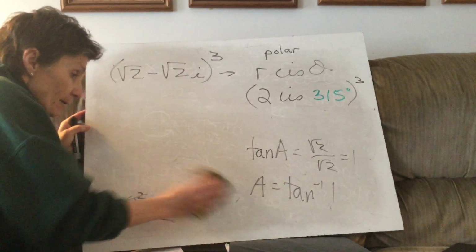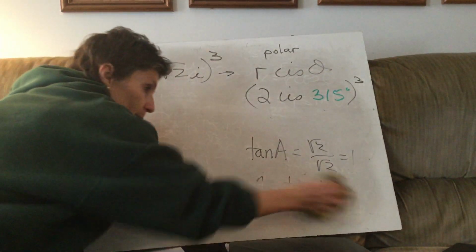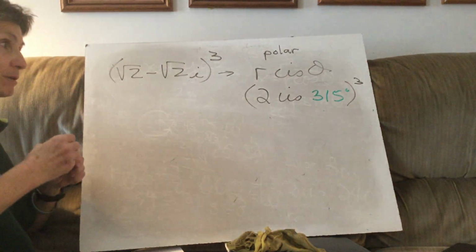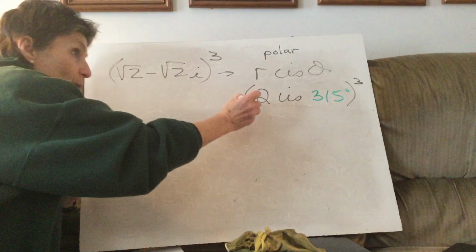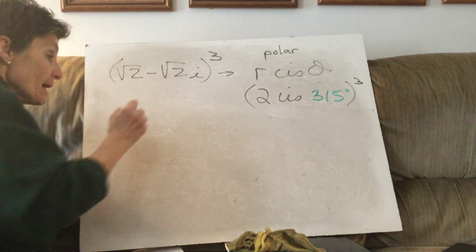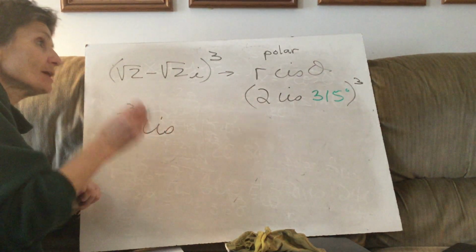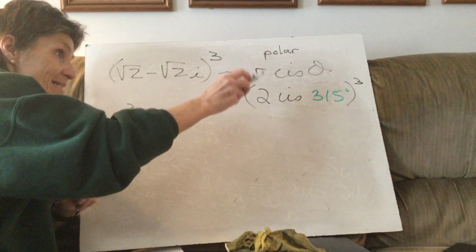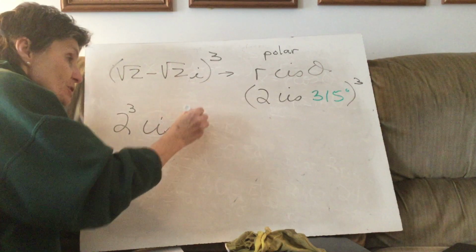So to do that, we remember de Moivre's theorem says we take the radius to the power, so that's going to be 2 cubed, and we take the angle times the power, so 315 times 3, which is 945.